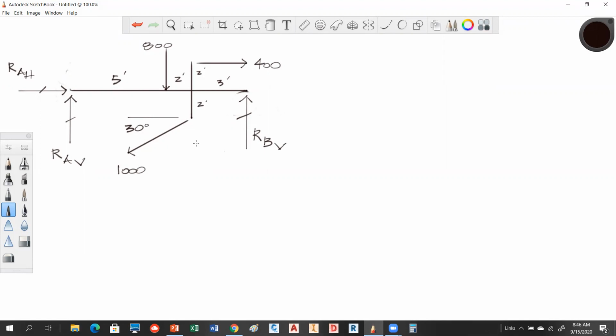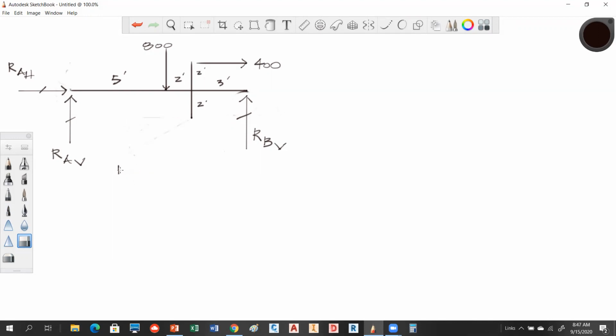Okay? So I'm going to take 1,000 cosine 30. I get 866. Give me a sec here. I'm going to erase what I've got here. Anytime you have vectors that are not horizontal or vertical, the first step is to break those down.